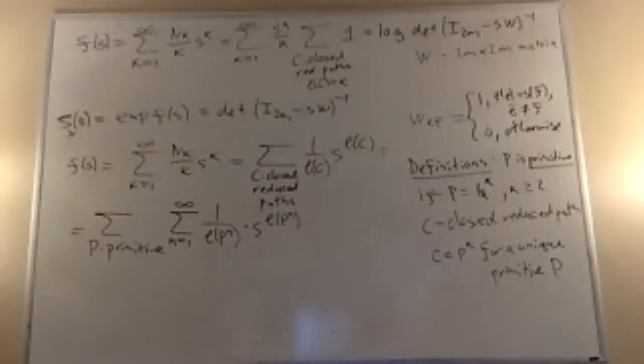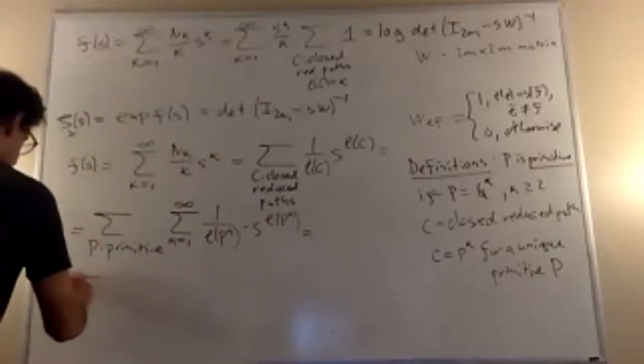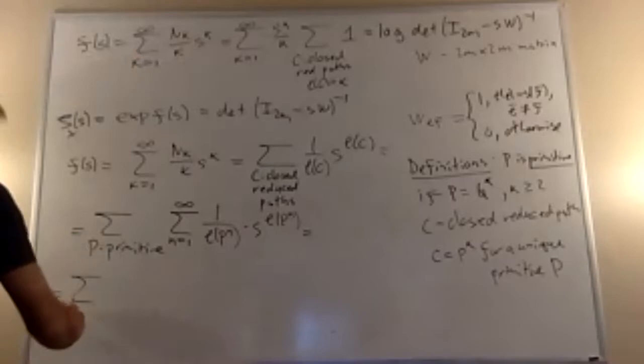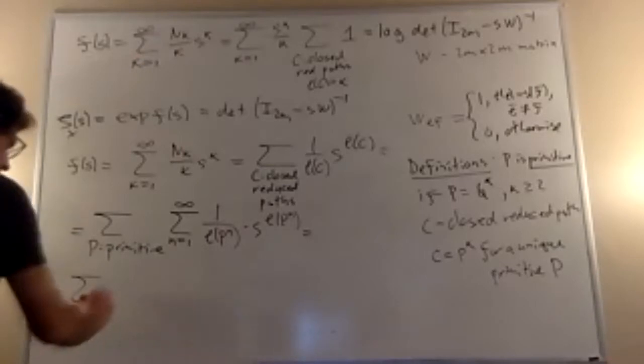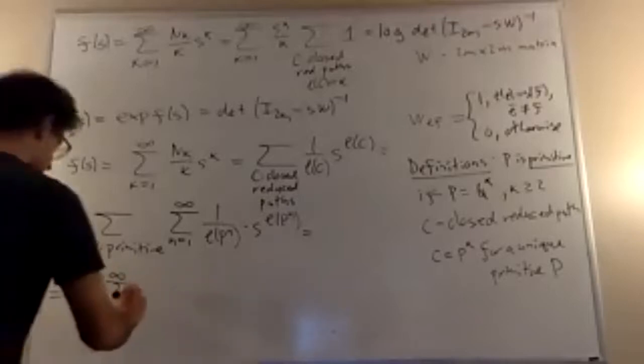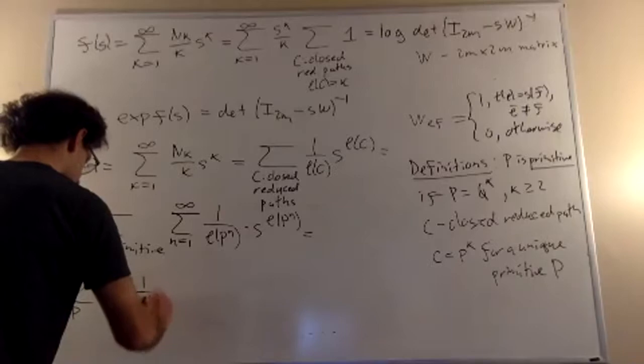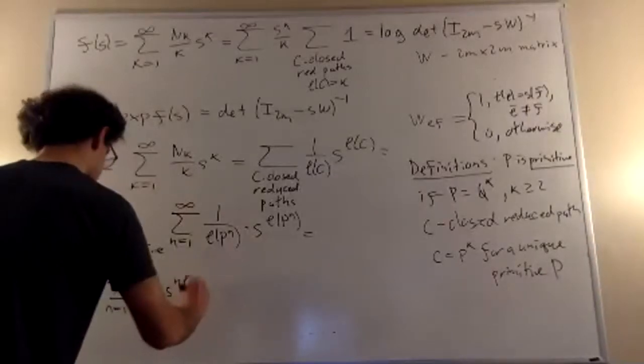So that's going to be the sum over all P, the sum over all n from 1 to infinity, 1 over n length of P, s to the n length of P.